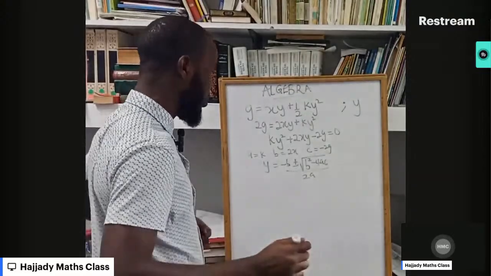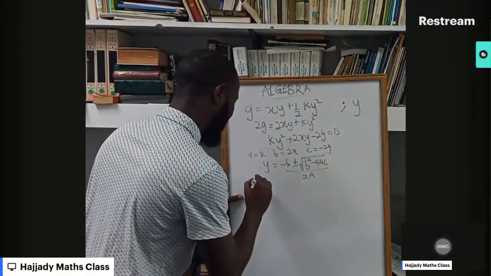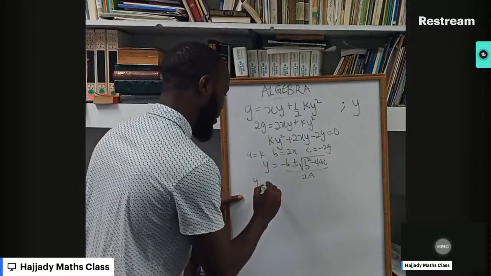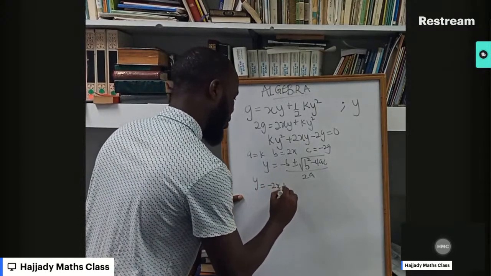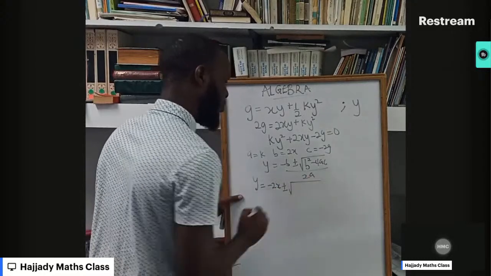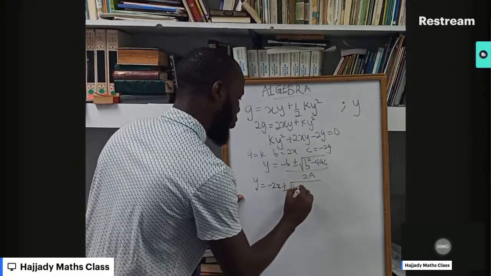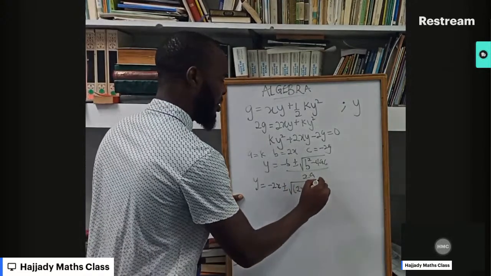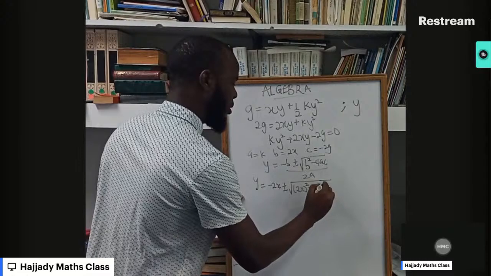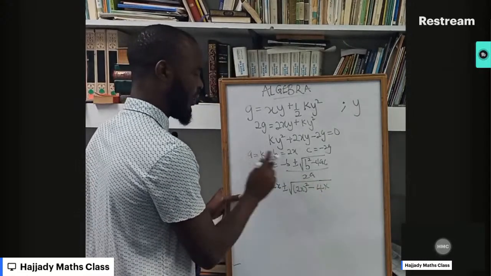Plugging in those values here, I'm going to have y equals negative 2x plus or minus root, b squared is going to be 2x all squared, minus 4ac. 4a is k.